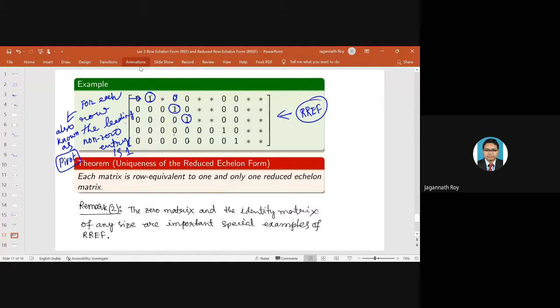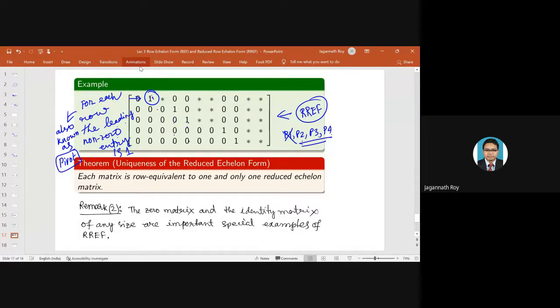Property 2 says the leading non-zero entry should be to the right of the previous row's. So here, 1 is here, and then its right is here. So it satisfies P2, P3, P4.